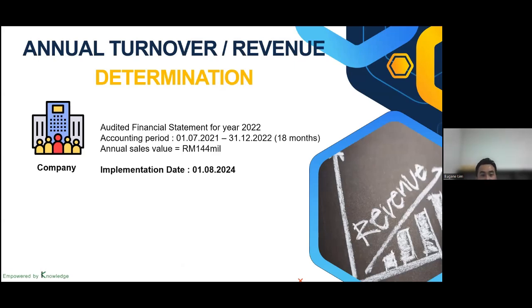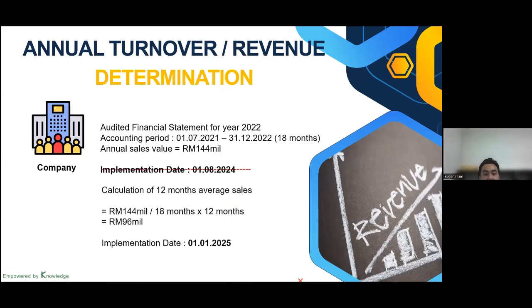Not really. You're supposed to prorate it out. You only calculate the 12-month period. So if you do the calculations for the prorating, your revenue is only 96 million. Then you implement it starting from the 1st July 2025. So you still have time to prepare.